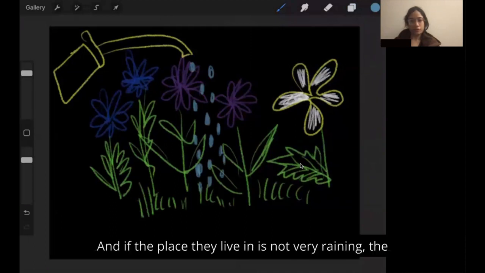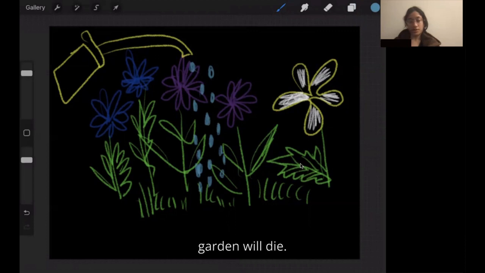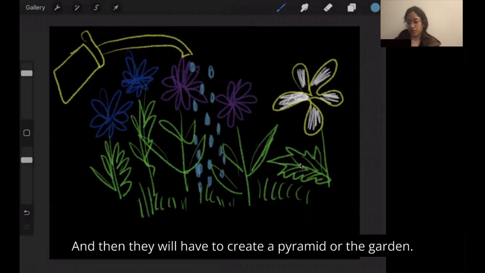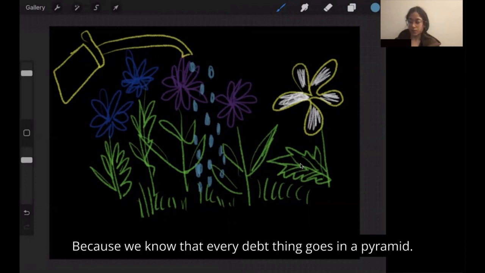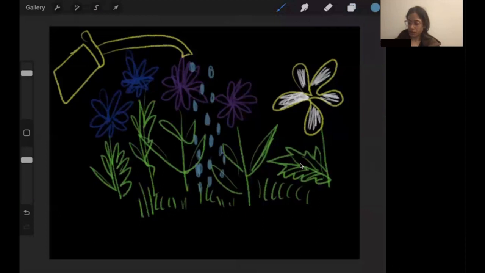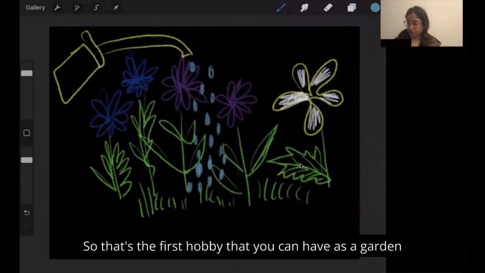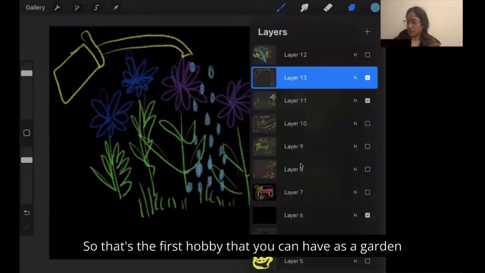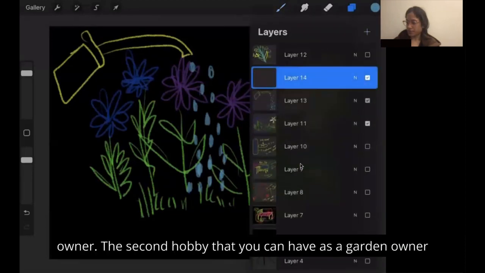And if the place they live in is not very rainy, the garden will die, and then they will have to create a pyramid for the garden because we know that every dead thing goes in a pyramid. So that's the first hobby that you can have as a garden owner.